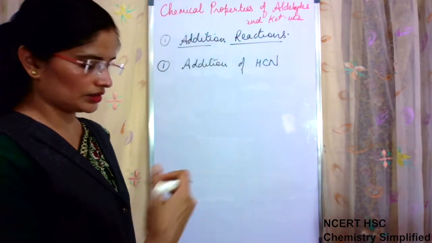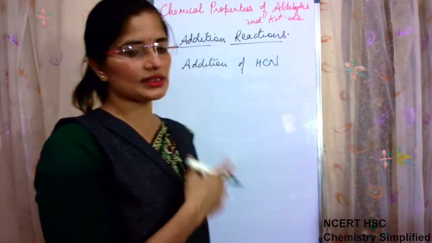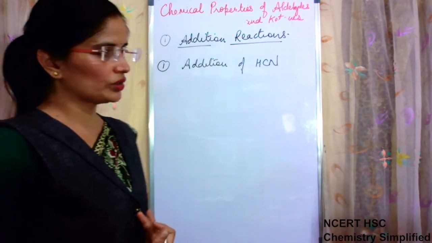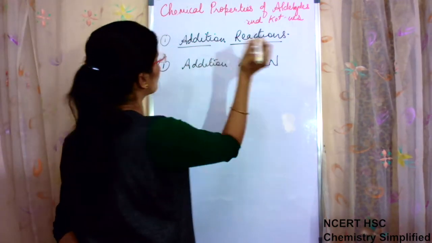We will talk about all the groups when we do the electrophilic substitution reaction of benzaldehyde, which are ortho and para, and which are meta. Okay.